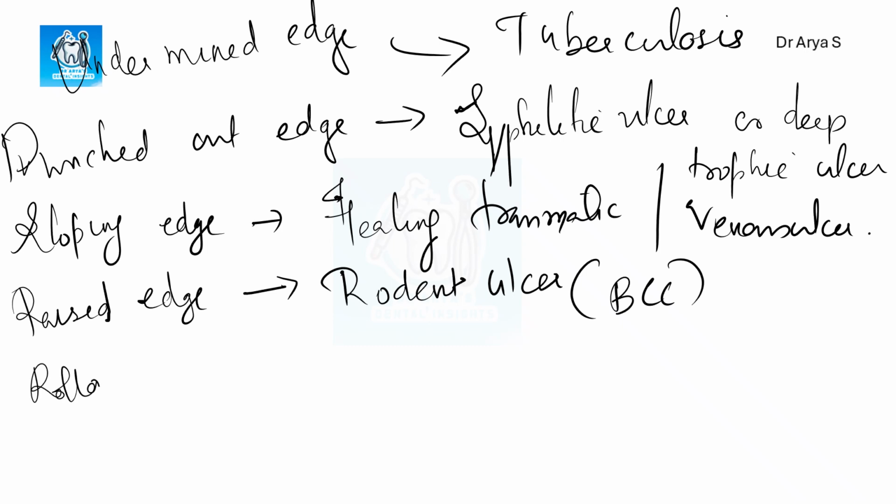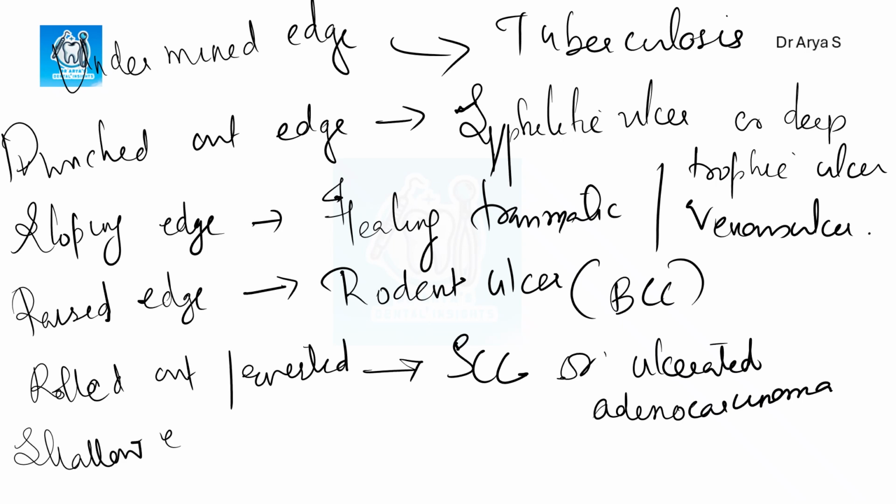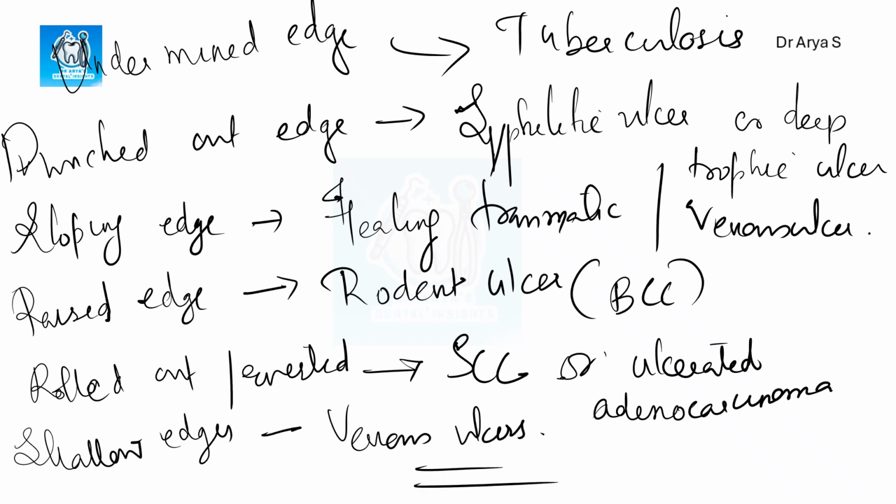Coming to the rolled out edge or everted edge, it is seen in squamous cell carcinoma or ulcerated adenocarcinoma. Then coming to the shallow edges, it is seen in venous ulcers. So these are the types of edges.